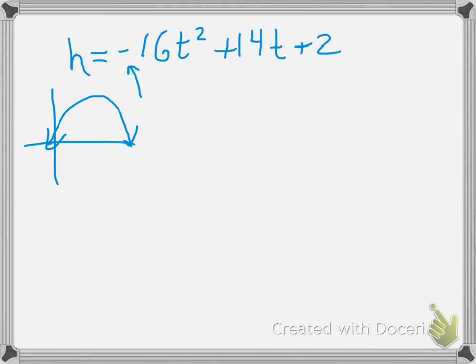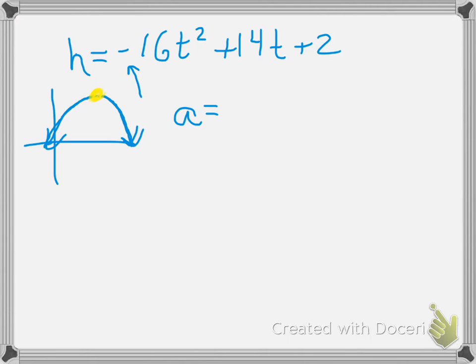Okay, so the first one says, find the time it takes the ball to reach the maximum height. A quadratic actually models the path of how a ball will be kicked. And so where would you find the maximum height? You'd find the height of the ball up here at the top, at the vertex. So A is asking you about the vertex.